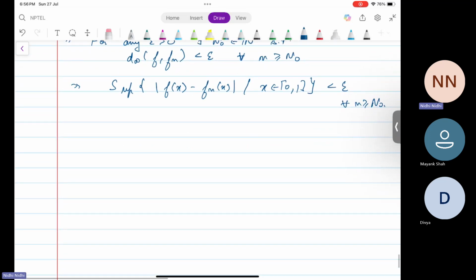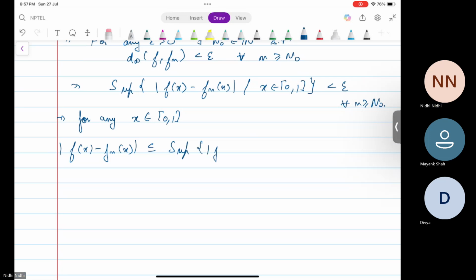This implies for any x in the closed interval 0 to 1, obviously |f(x) minus f_n(x)| will be less than or equal to the supremum, because the element of a set is always less than or equal to its supremum. So this is less than epsilon for all n greater than or equal to n naught. And clearly this n naught is independent of x.